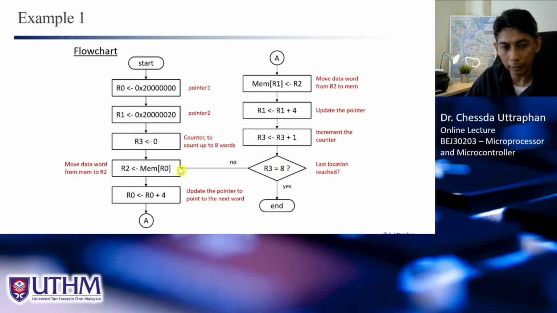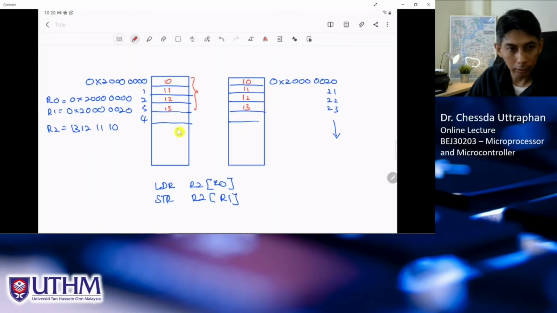And I need to go back and get the new value to R2. So the new value now is not this anymore because I plus with 4. So it will be 200000004, right? So it will be here, which is the new word here.